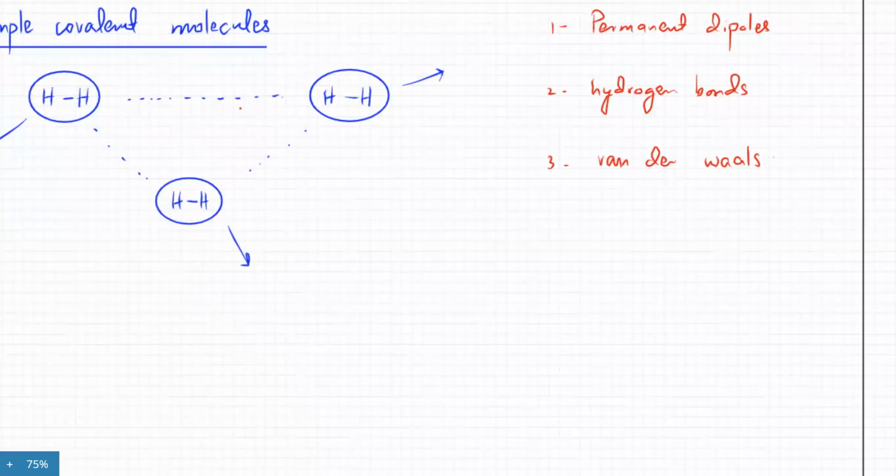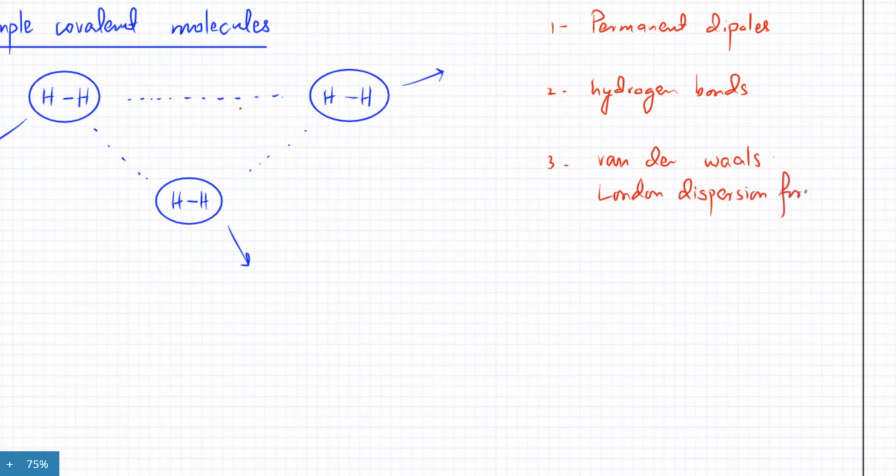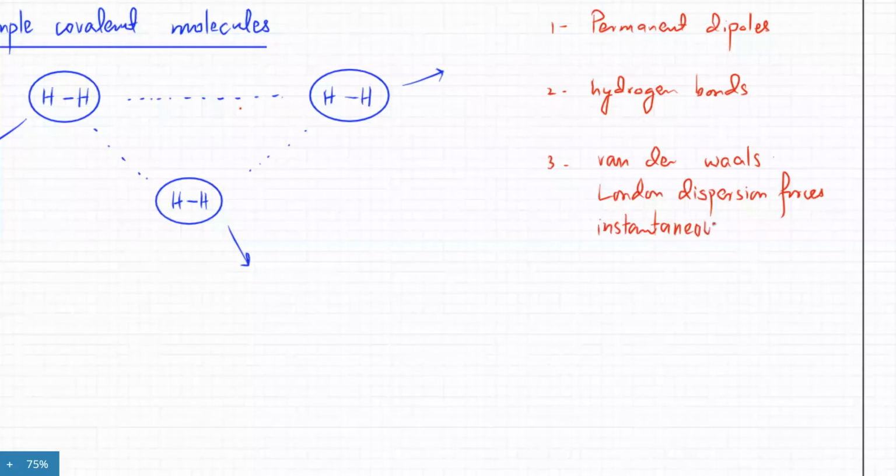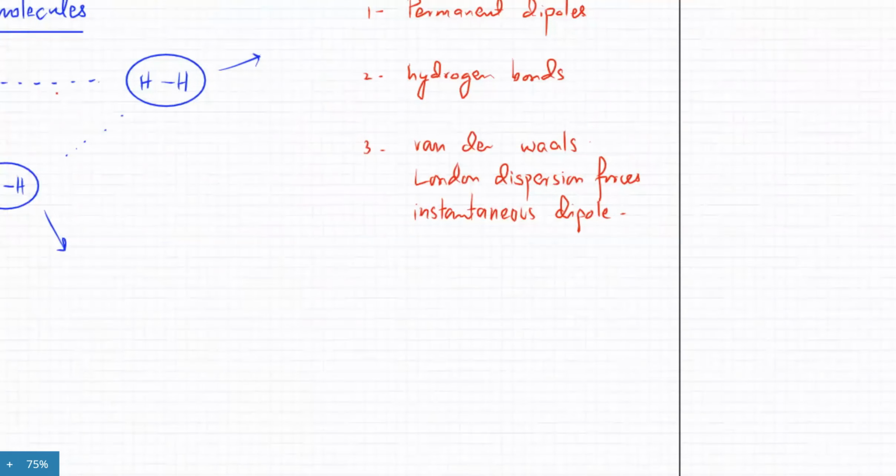Van der Waals forces have lots of other names as well. They're known as London dispersion forces or London forces. They're also known as instantaneous dipole induced dipoles.